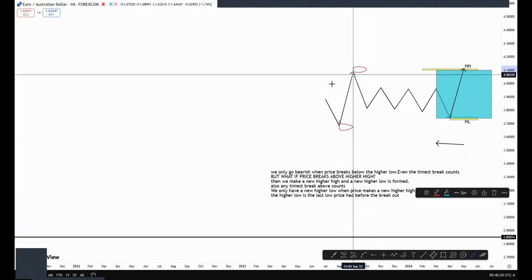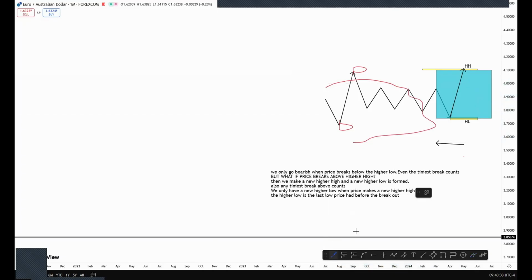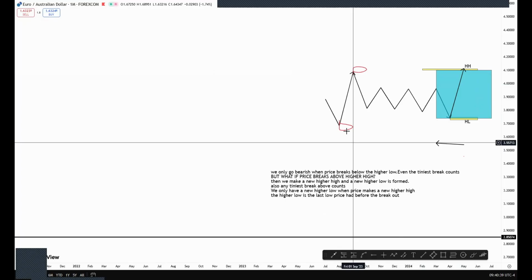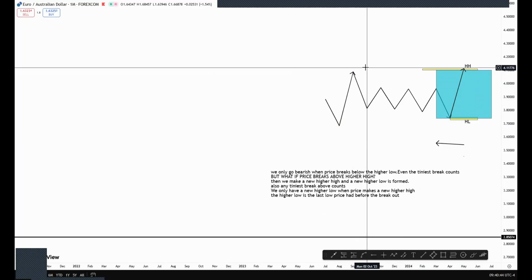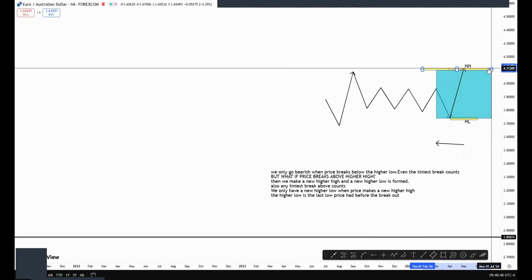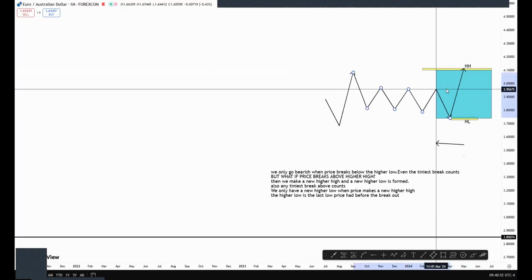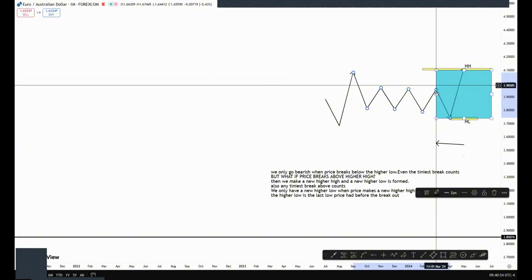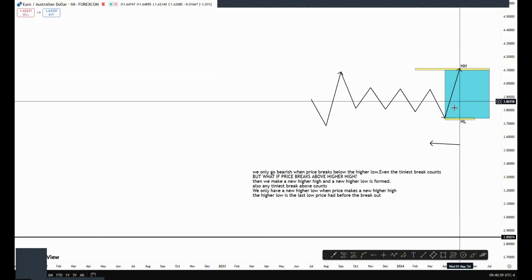This side will only have its use when we come to the other part I'll be teaching you, but for now, it's invalid. Just forget about the previous part. Only focus on the part where you had your higher low, your lowest point that led to the break, and your higher high, because that's the only point you use to get your entry. So it's just from this level base, just this small push here.